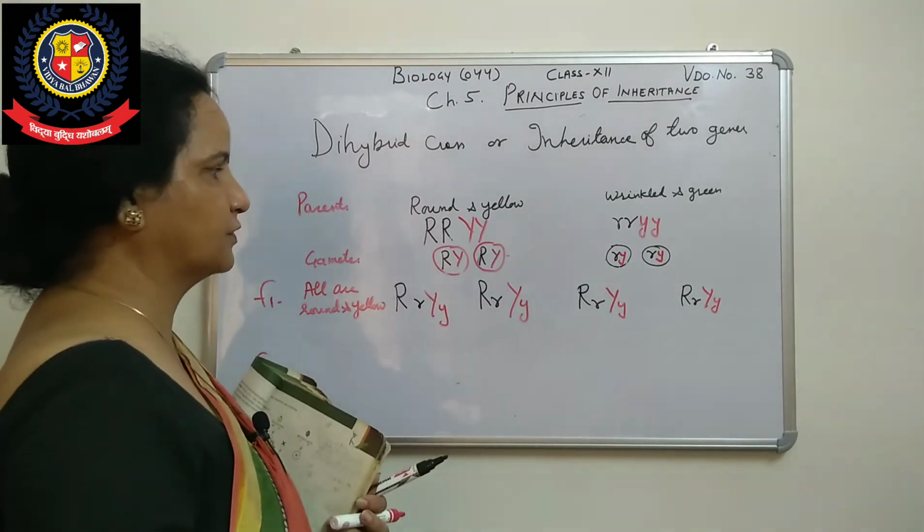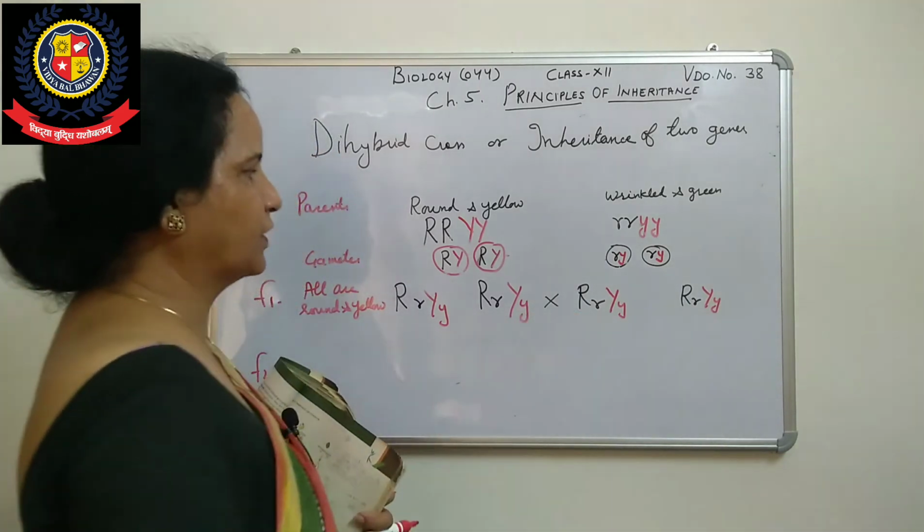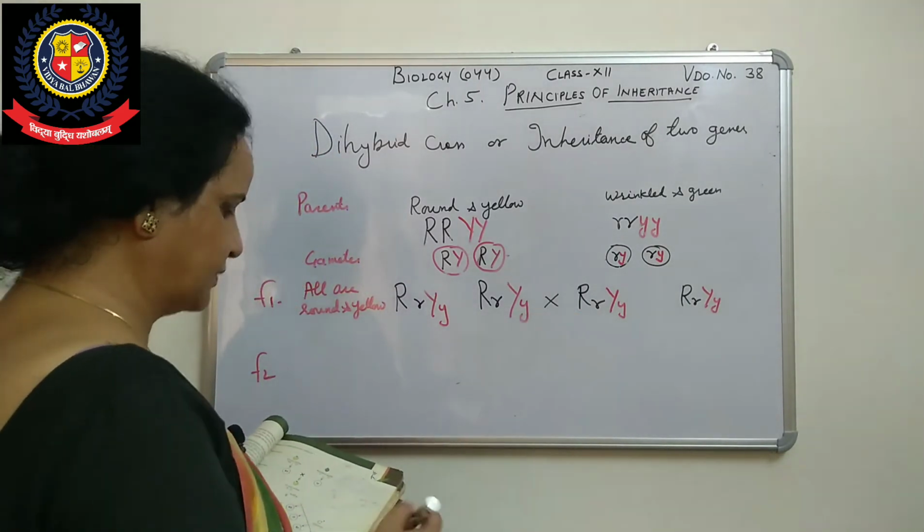When we talk about the self cross, suppose we make a self cross of these two, what gametes are we getting?